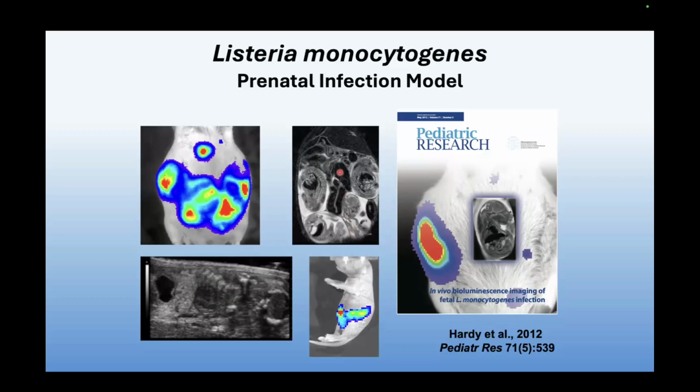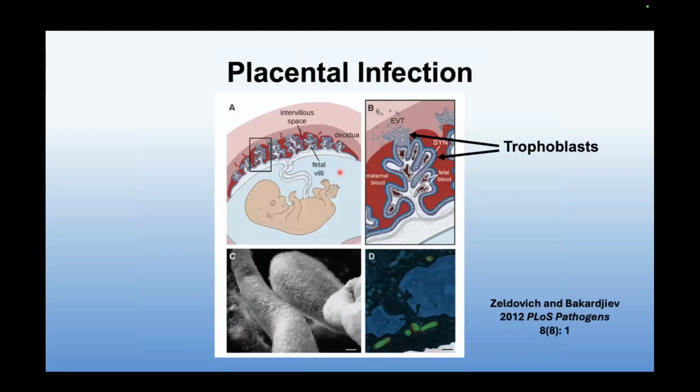And we can also look at what happens to the fetus after it's born. So this type of infection can affect fetal brain morphology and behavior of the fetuses after they grow up into adults.